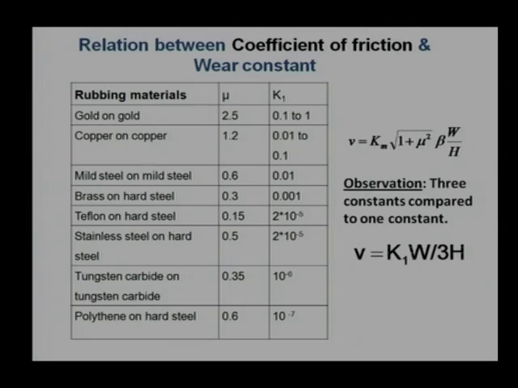That is why the Archard equation is more popular compared to the Rowe equation. Even though Rowe says that it is a modified Archard equation, it does not gain much popularity. The reason is that it has 3 constants, and if these 3 constants cannot be given directly by theory, they need to be measured experimentally, and then complexities are going to increase.